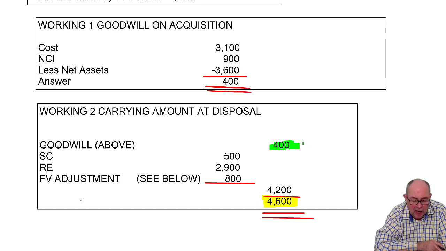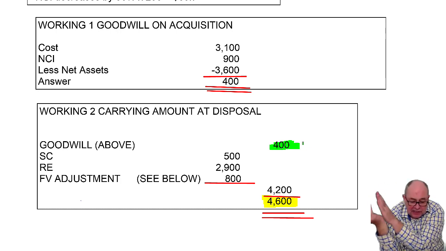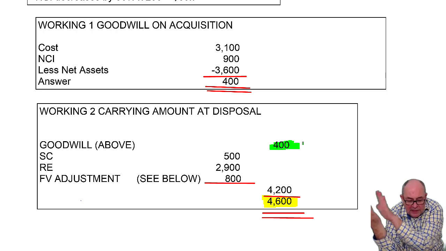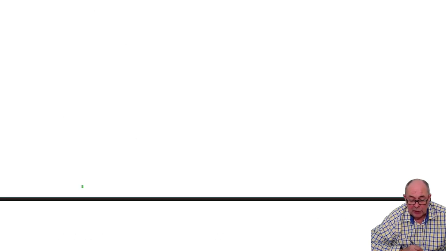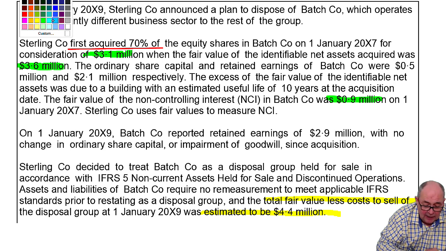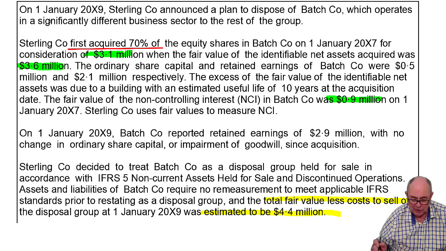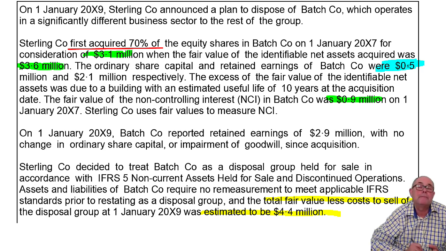So this figure is not a problem. The one that's harder is the net assets. I need to know, at the date it becomes a discontinuance, what was its share capital and what was its retained earnings. Share capital, again I'm going to highlight now in blue, was 500,000.